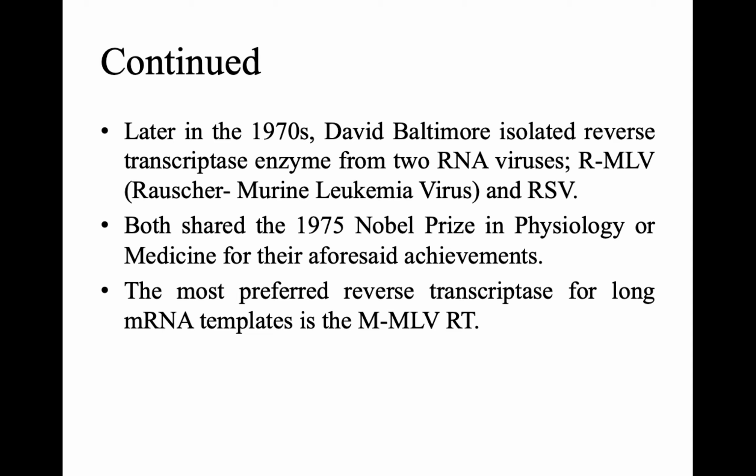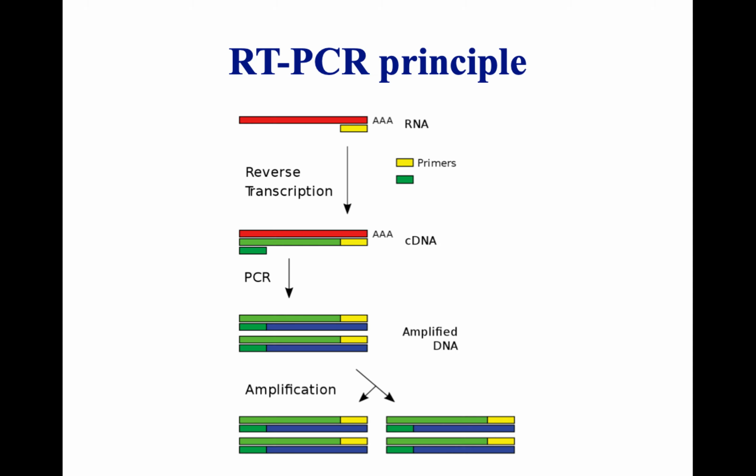Both David Baltimore and the Harvard team shared the Nobel Prize in 1975 in physiology and medicine for their achievements. In reverse transcriptase PCR, the most preferred reverse transcriptase enzyme for long mRNA templates is the MMLV-RT enzyme.